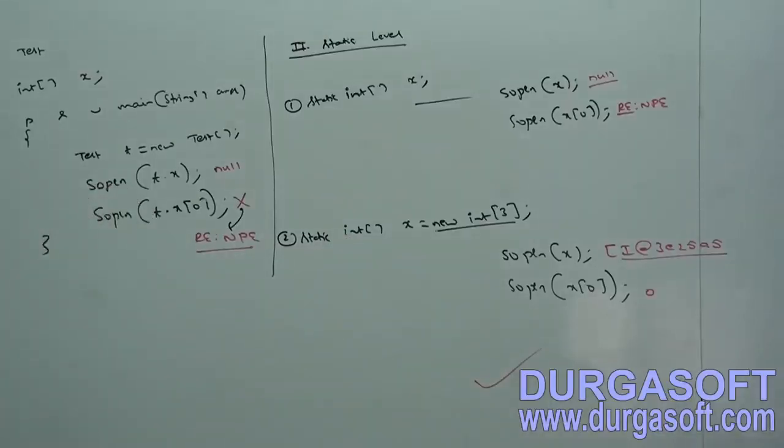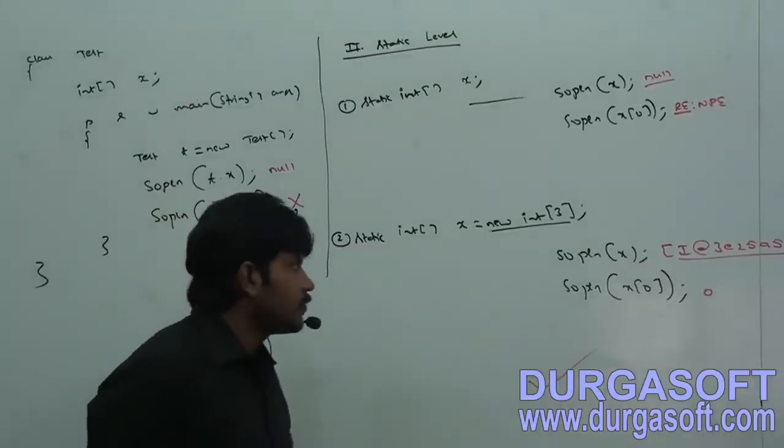SOP of x and SOP of x of 0, like. Completed, I hope. SOP of x is null, SOP of x of 0 gives a null pointer exception.